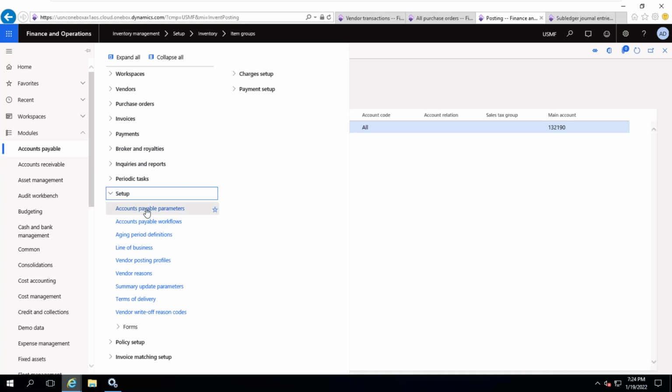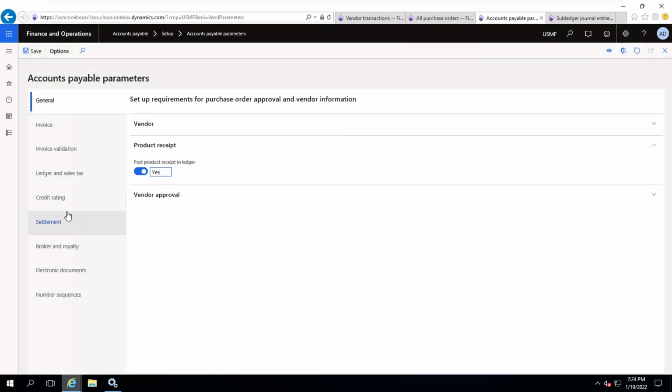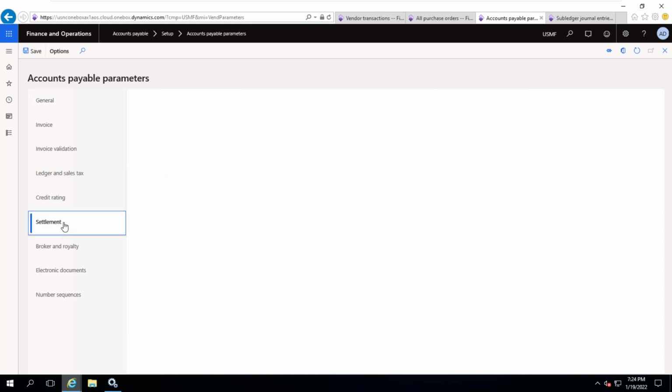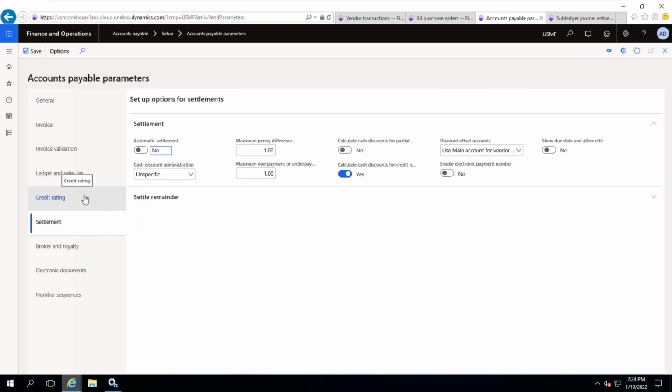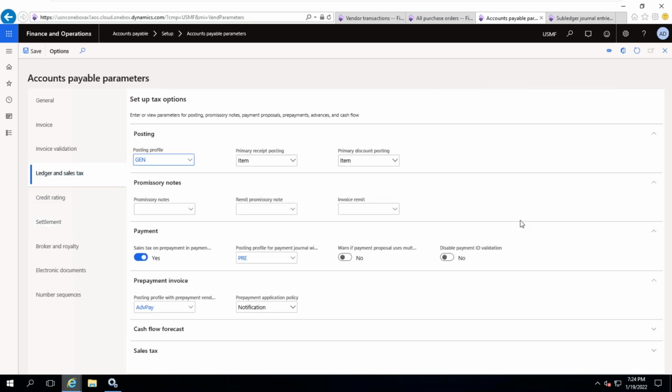Save setup parameters. In this settlement, ledger, sales tax. So here during prepayment invoice, you are selecting the posting profile.